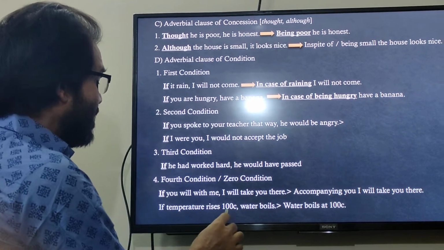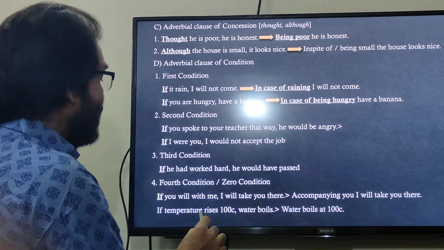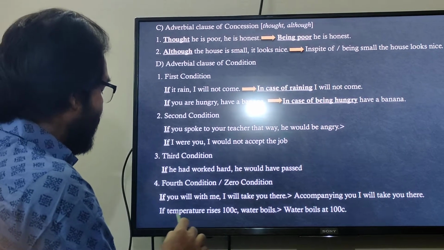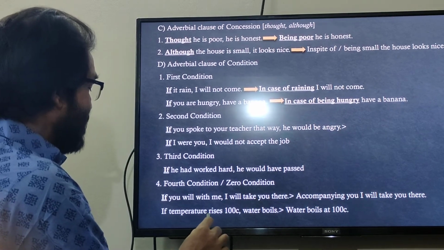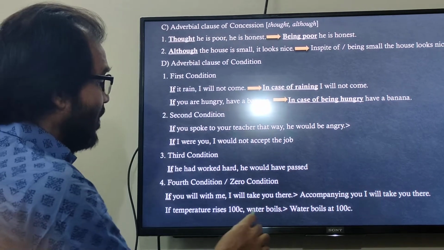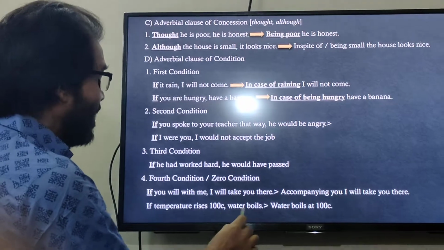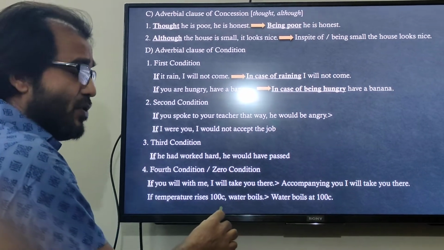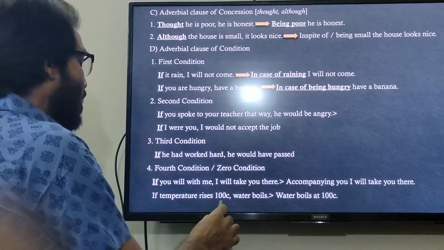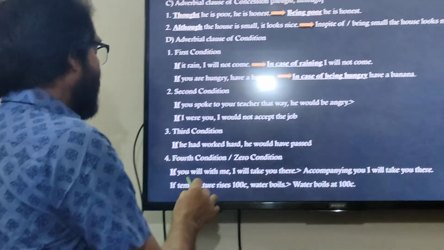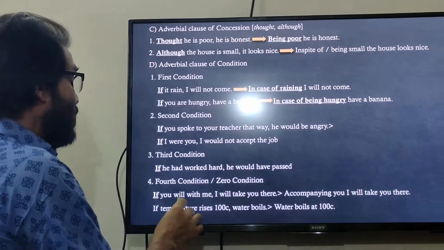On both sides, subordinate and principal clause, in the fourth condition we can see the verb is in present form. This is the scientific truth. So for scientific truth or natural truth, the condition clause never takes the future tense.